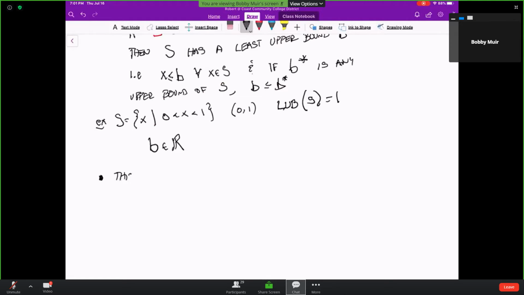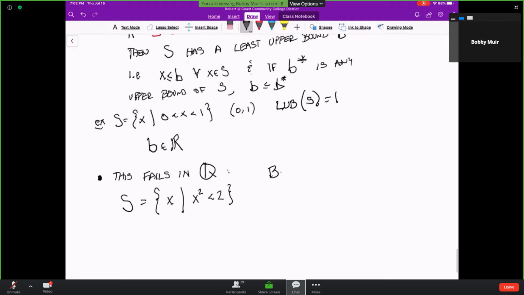This fails in the set of all rational numbers. Okay, if I let S be the set of all values X such that X squared is less than 2.